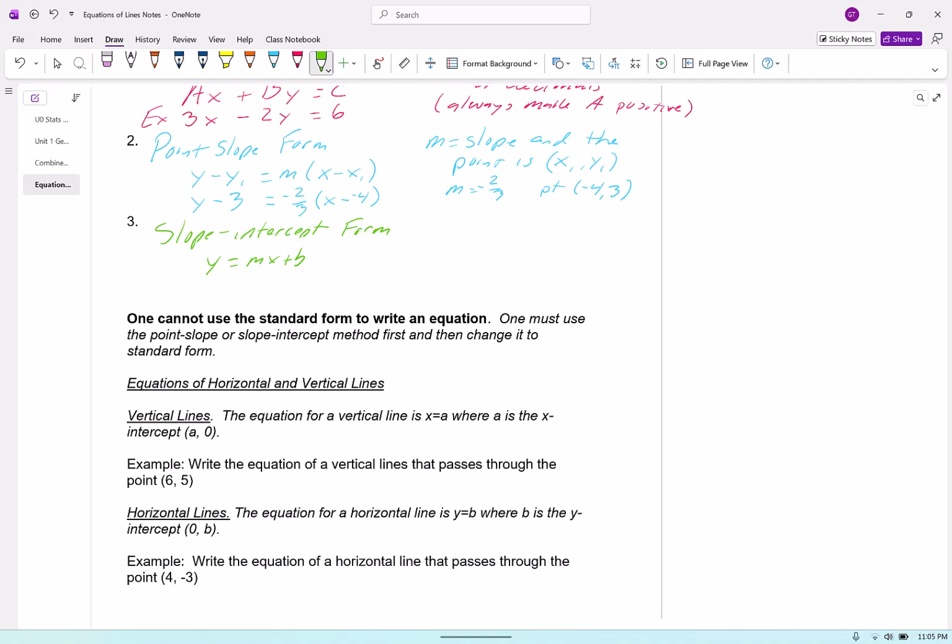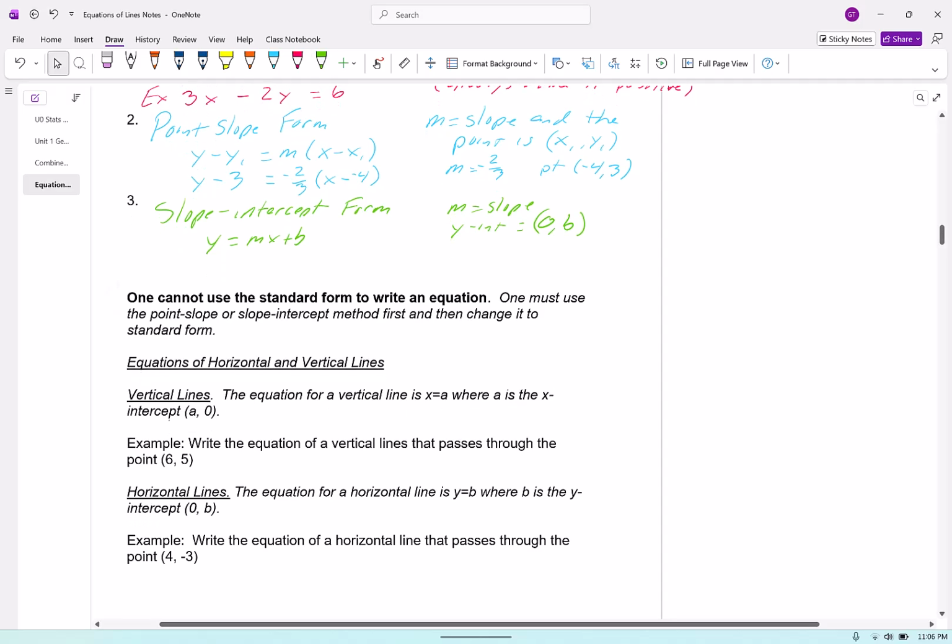All right, so again, m is your slope. Okay, and then you got the y-intercept is going to be (0, b). All right, so the x has to be 0, and then b is whatever value that is. That's where the line would cross the y-axis, which is why it's called the y-intercept.